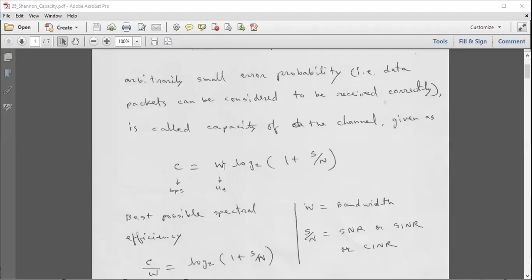So that's your spectrum, okay, whatever bandwidth you have. This one is the actual bandwidth in hertz, okay. So from some frequency point, you go up to another frequency point. And the other thing is SNR. If your signal to noise ratio is better, then your practical data rate will also improve.